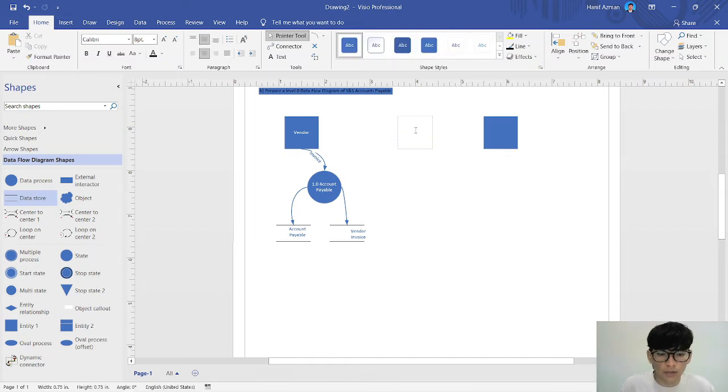And the second department is purchasing, and the third is receiving.